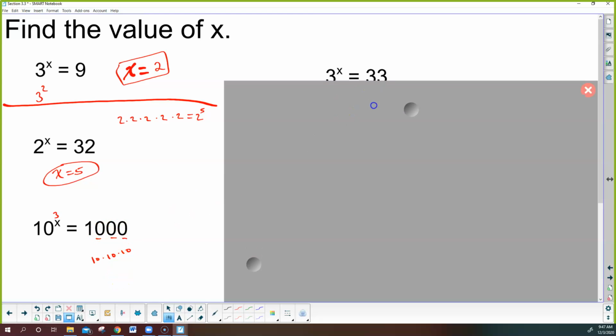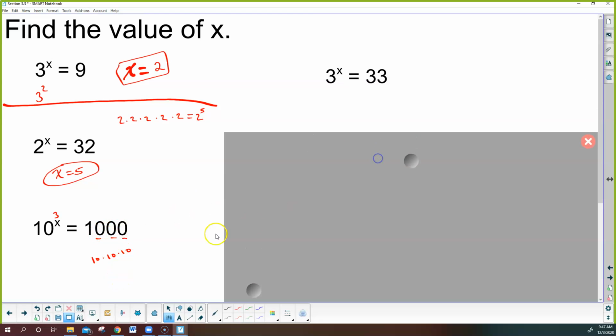So my question then gets into, what about a problem like this? 3 to the power of x equals 33. Well, let's think of this. What do we know? Well, 3 to the first power is 3. 3 squared is 9. 3 to the third power is 27.